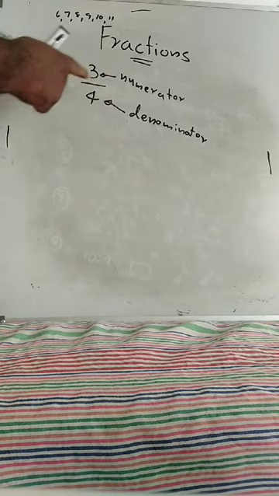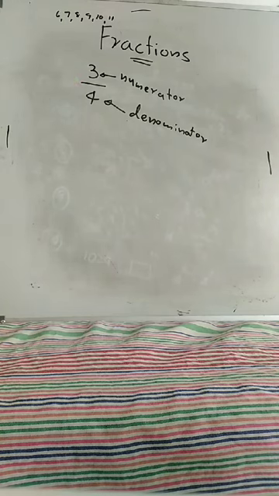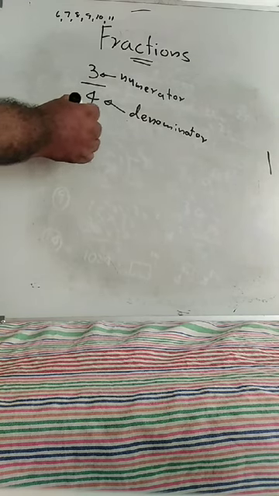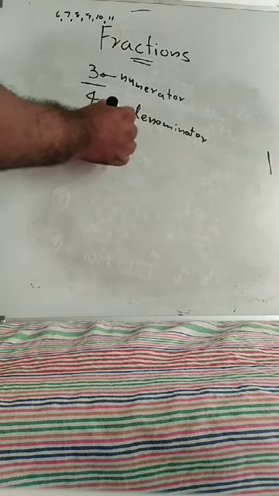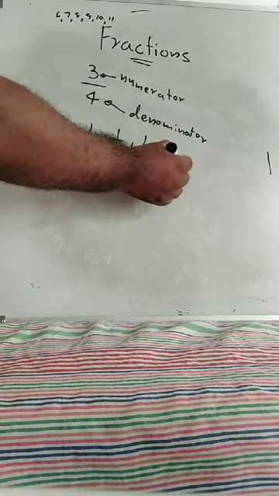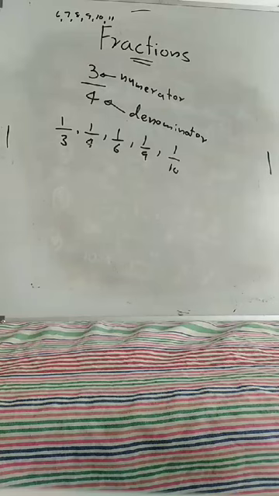Now you know this. Then look at this: 1 upon 3, 1 upon 4, 1 upon 6, 1 upon 9, 1 upon 10. What are these fractions? What is the speciality of these fractions?